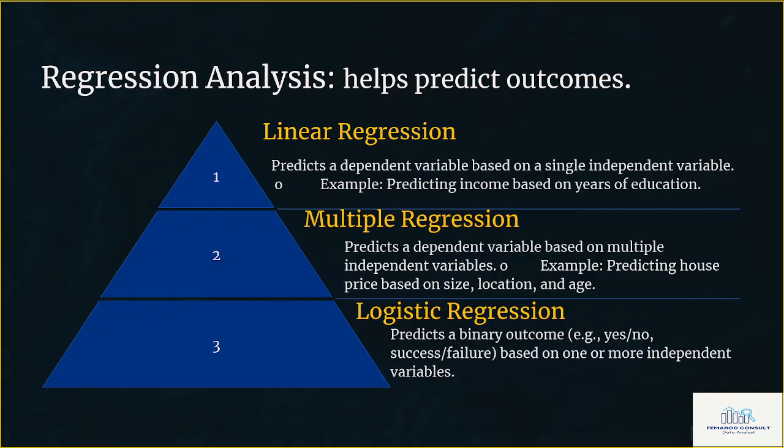Now when you talk about multiple regression, this predicts a dependent variable based on multiple independent variables. For example, you want to predict house price. What will be the price of a house? You are going to base that on the size of the house, the location of the house, and whether it is a new house or a 10-year-old house.